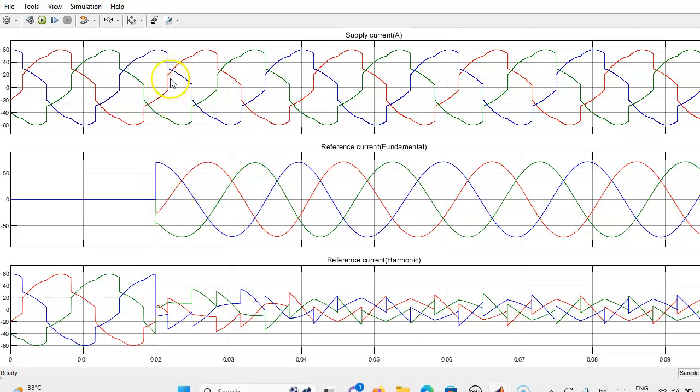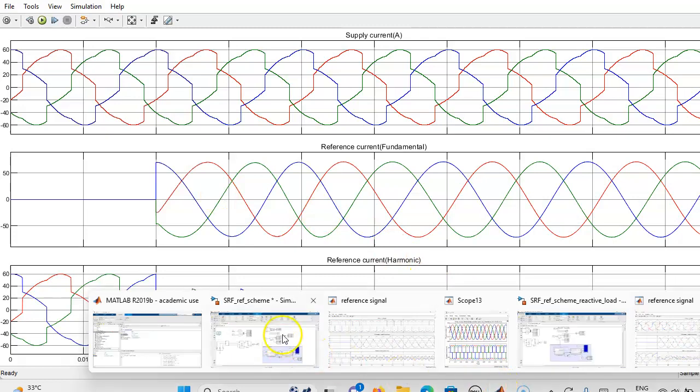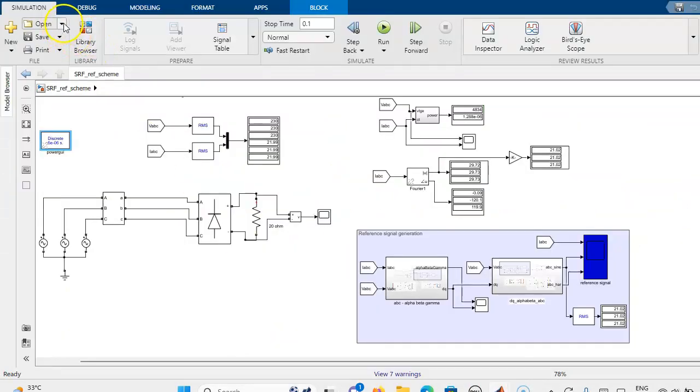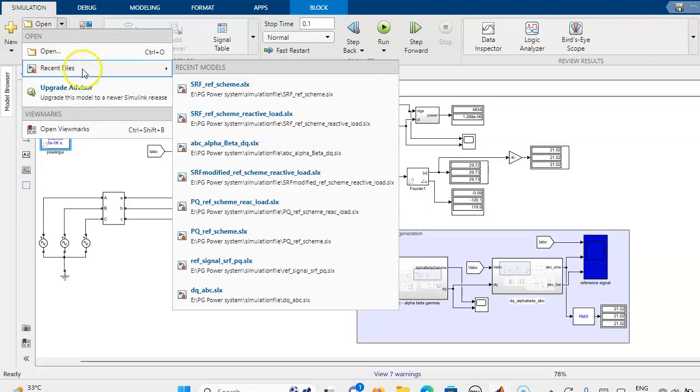See here, whatever phase shift occurs in the supply current, the same phase shift you are getting in the reference current also. So the synchronous reference frame, we are not able to use in the reactive current load as it is. So we can modify that algorithm so that we will get the reference signal as pure sinusoidal, also in phase with the supply voltage.